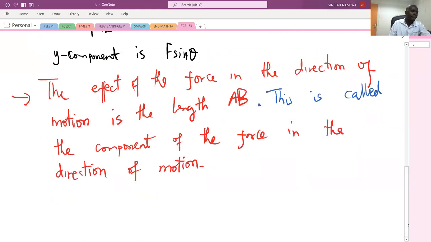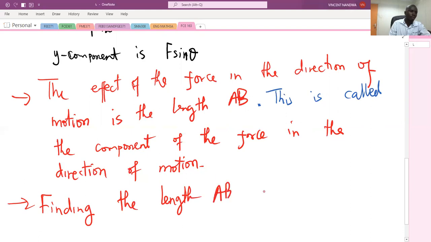Now, finding the length AB is called resolving the force in the direction of motion.